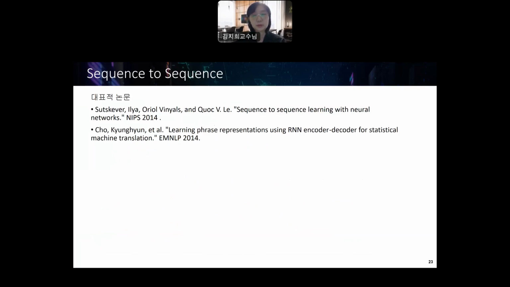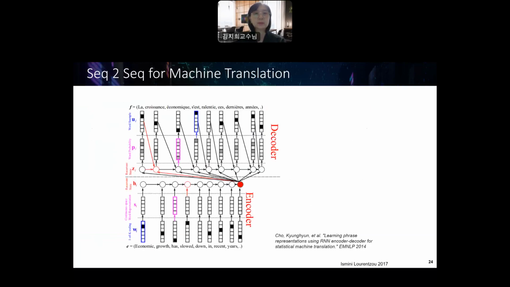And after this, the machine translation research field changed a lot once this model got published. In one of these papers, there's the encoder part and there's the decoder part, and they all follow the basic RNN models.